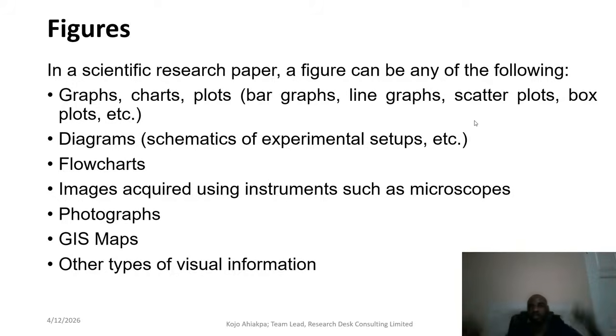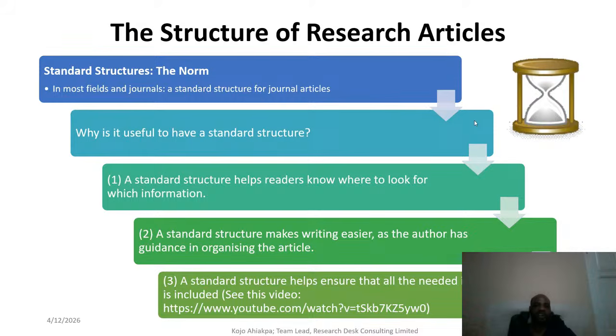You need the maps to portray the locations where these studies happen. There are other forms of visual display that you can use in your research work. So these are some of the commonest forms of visualization you can use to communicate your research findings.